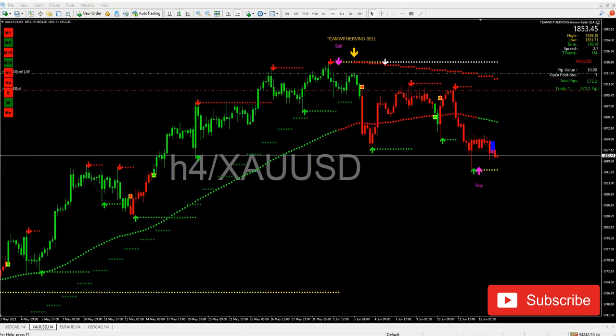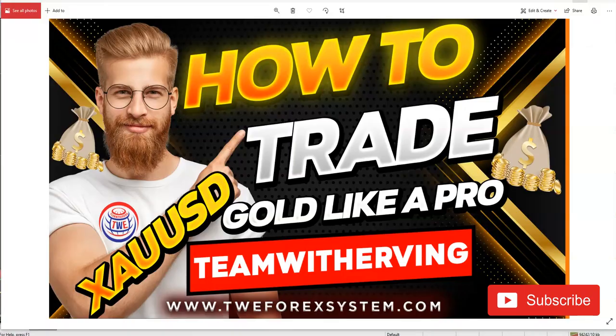So today we are watching how to trade gold like a pro. I just showed you simple 4 steps. Rule number 1, dashboard. Rule number 2, check in which direction your multiple time frame is going. Rule number 3 is your sniper entry. Is your sniper entry going in the same direction as your multiple time frame, yes or no?